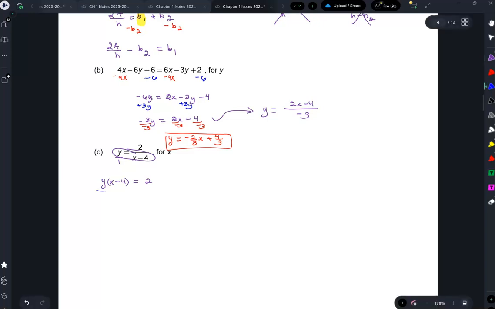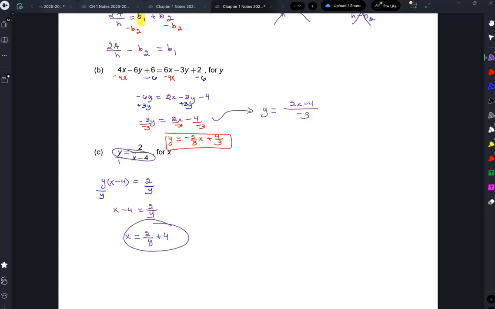So divide by y. x minus 4 is equal to 2 over y. And then I'm going to add 4, so x equals 2 over y plus 4. Okay?